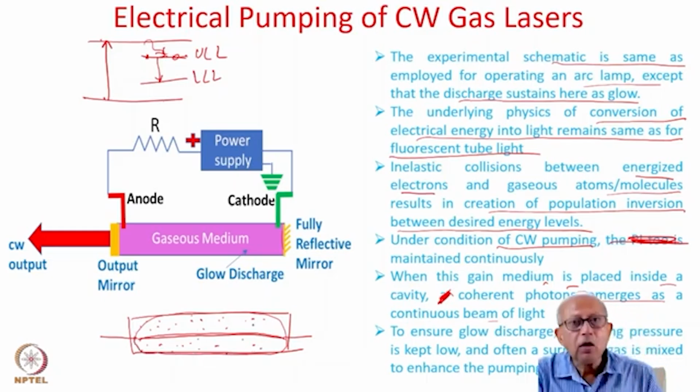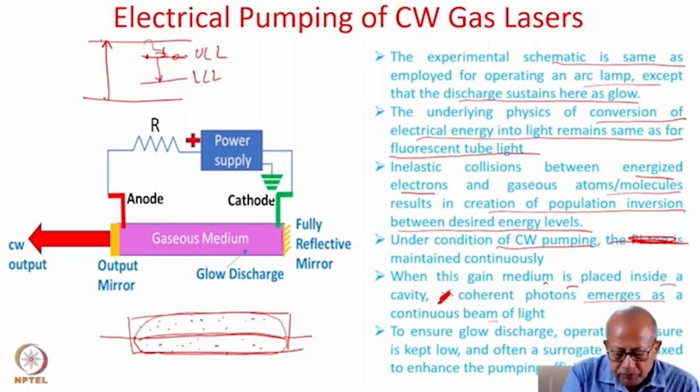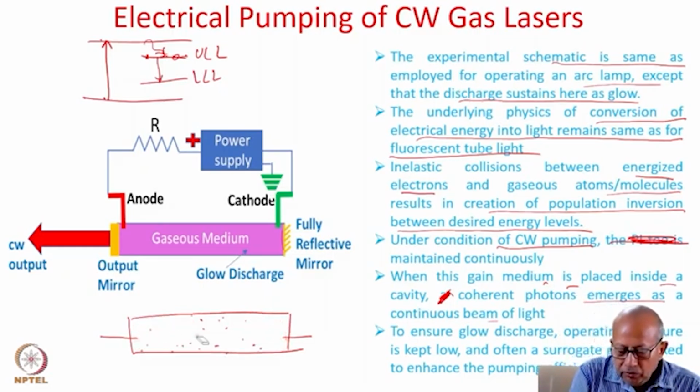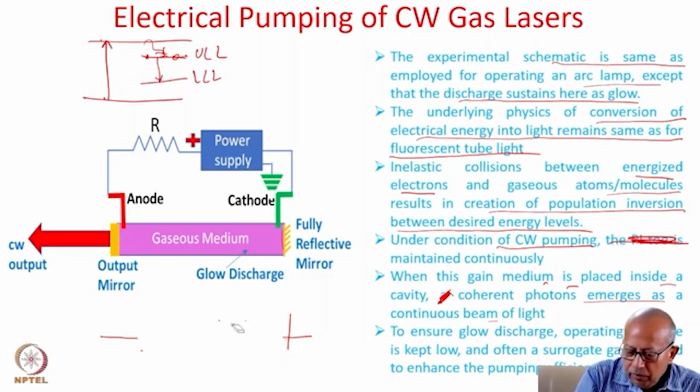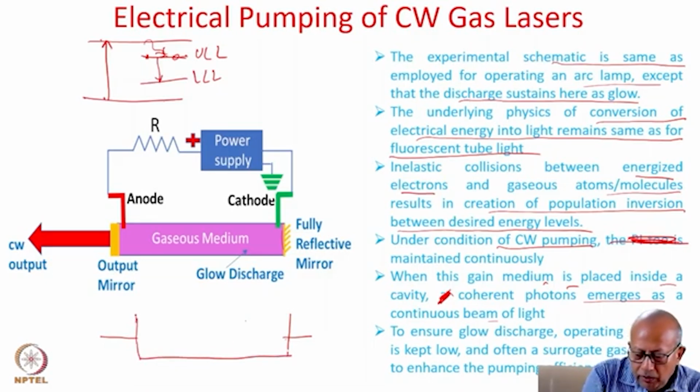Now if you increase the operating pressure, then the discharge tends to be restricted and it will actually grow into an arc. Why? Because, as you know, in the gaseous volume there will be only some stray charges.